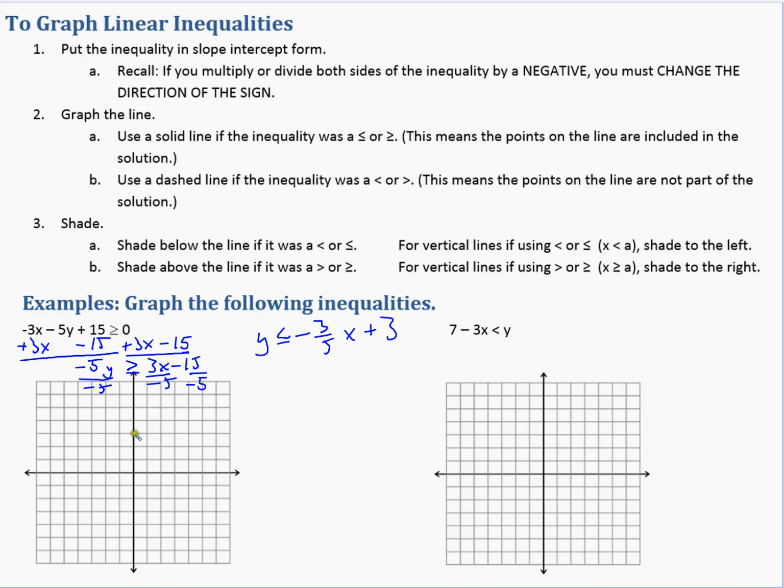And so we'll start here at 3 as our y-intercept. Let's use our negative in the numerator, so we'll go down 3 and right 5. We also could go up 3 and left 5. This is going to be a solid line because we're using the or equal to.